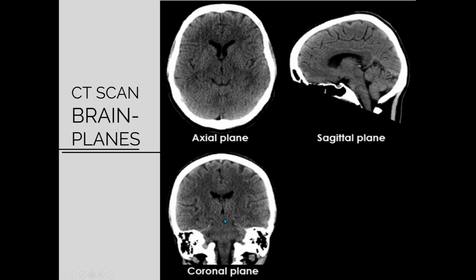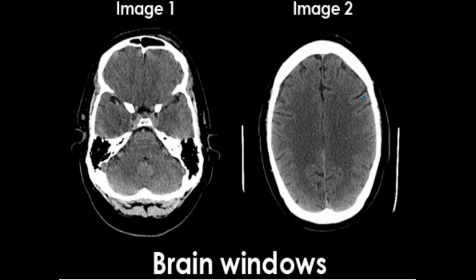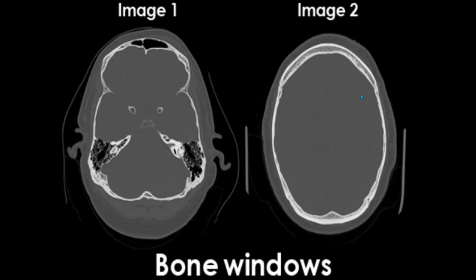Coronal plane and sagittal plane are not very frequently used for exam purposes. These are different brain windows. This is the brain window and this is the bone window. For your exam purposes we are using brain windows. So whenever you are describing your investigation, all these things you must mention.